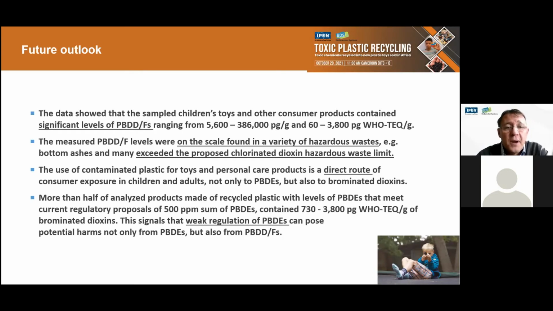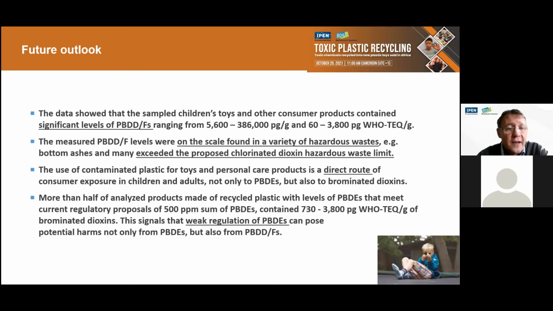The measured brominated dioxin levels were on the scale found in a variety of hazardous waste, for example, in bottom ashes, and many exceeded the proposed brominated dioxin hazardous waste limit of 1,000 picogram WHO-TEQ per gram. So we believe that the use of contaminated plastic for toys and personal care products is a direct route of consumer exposure in children and adults, not only to PBDEs, but also to brominated dioxins.